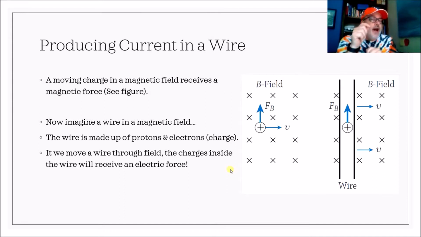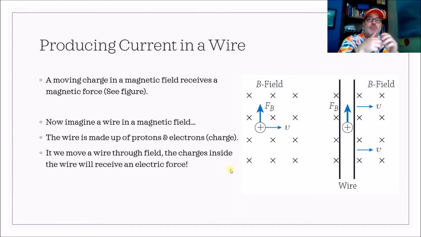Now imagine a wire that's sitting in a magnetic field, and we just take that wire and we move it along. When we do that, remember that the wire has protons and electrons inside. So as we move the wire through the magnetic field, the protons and the electrons in the wire will receive a force in opposite directions based on the right hand and the left hand rule.